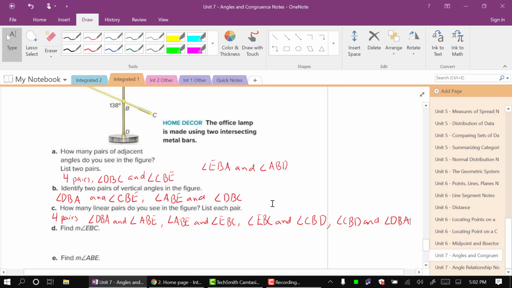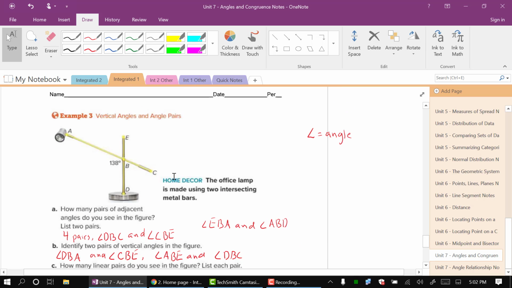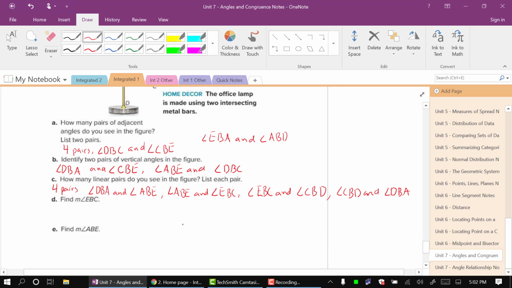Now we want to find the measure of angle EBC. Well, we know that that is a vertical angle to ABD.